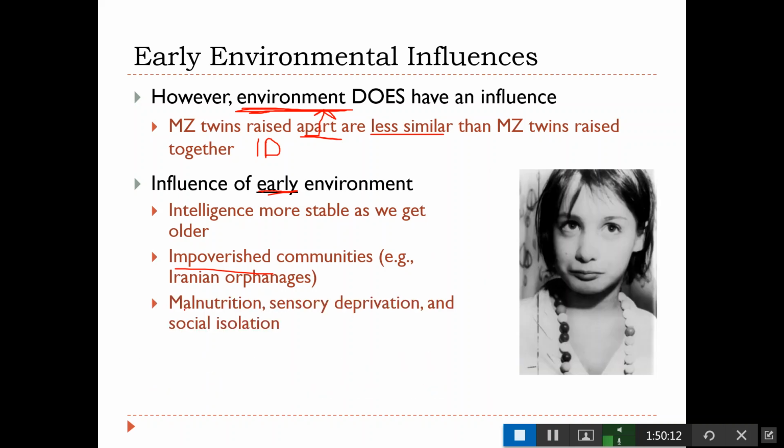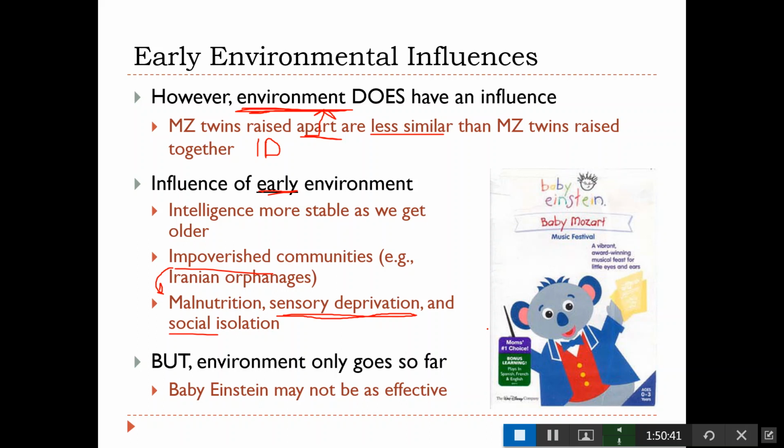And other examples of this, like in impoverished communities, kids might suffer from malnutrition, sensory deprivation, social isolation, the kinds of stuff that Genie, the feral child, was going through, right? She was neglected highly, not given very good things to eat, not given any kind of sensory stimuli because she was kept in a dark room and nobody talked to her. And so she was also socially isolated, right? These things early on can affect your IQ. So it's good to provide good environments early for kids.